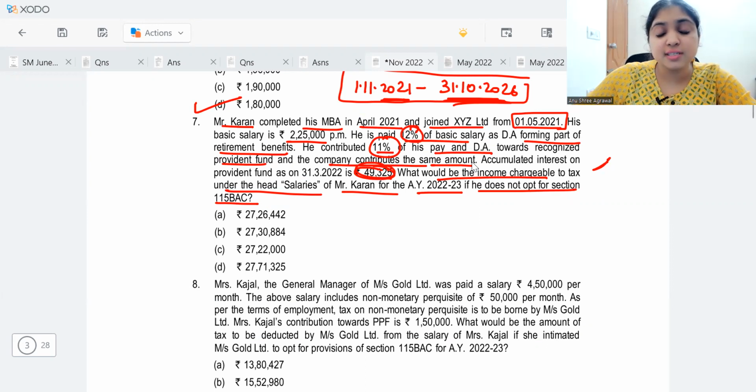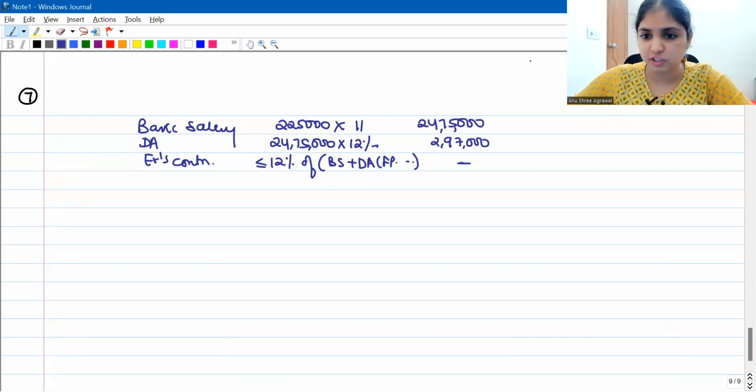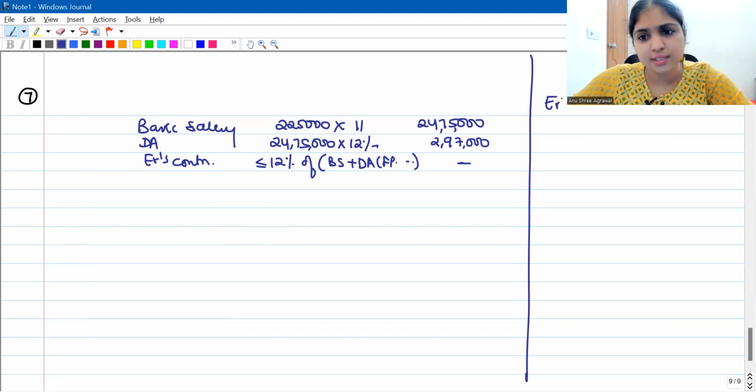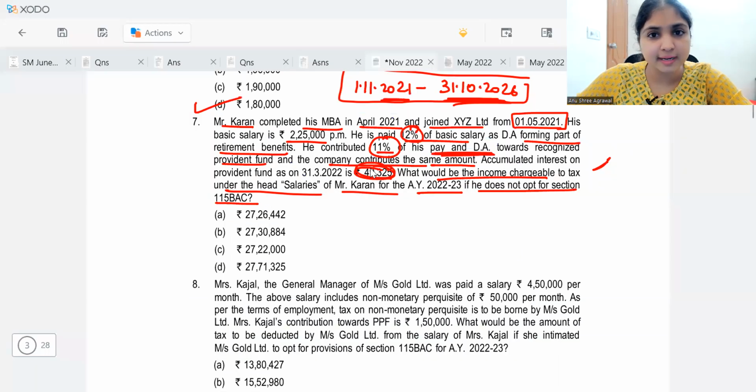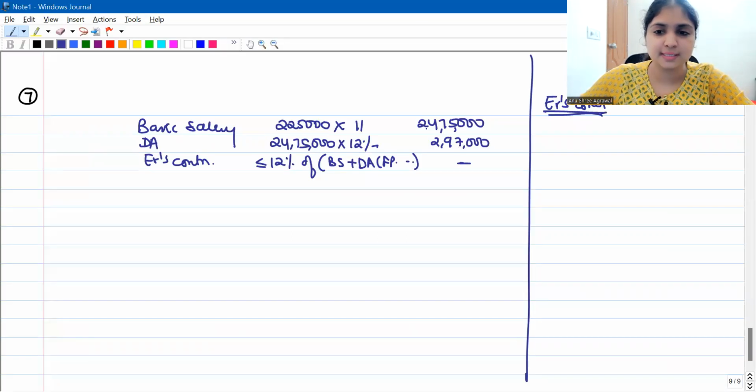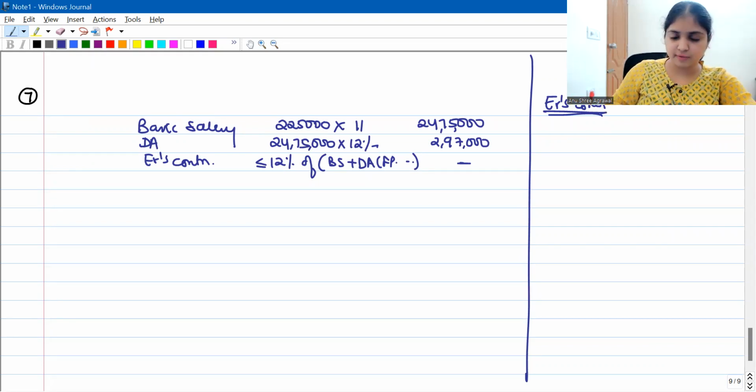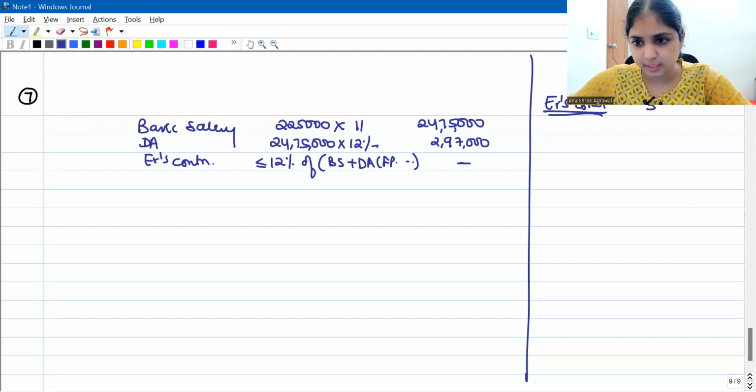Then he gets interest. Interest is 49,325. Here we'll have to do some calculations. See, listen. What is the employer's contribution and what is the employee's contribution? The employer's contribution is 11% of basic and DA. DA is fully forming part, they are saying. See, employer's contribution will be basic 24,75,000 plus DA 2,97,000 into 11%, right?